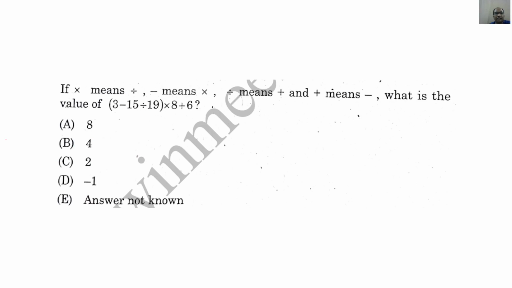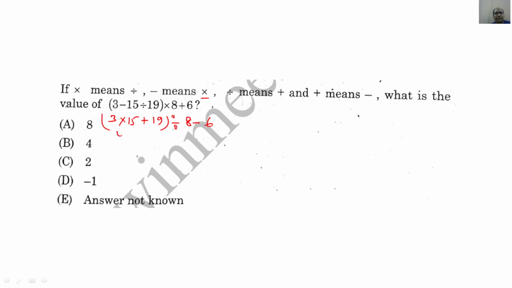Right. This one also we have already solved, and we just replaced and made it as 3 minus means into, so into 15, and divided means plus 19, in bracket into means division, so 8, and plus means minus 6.